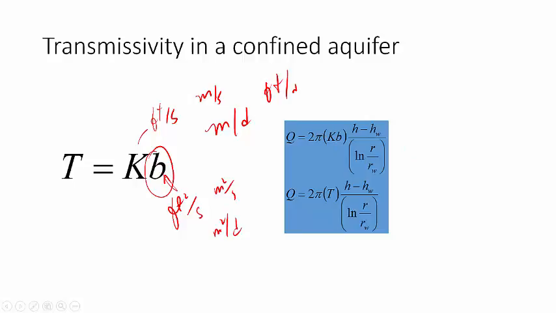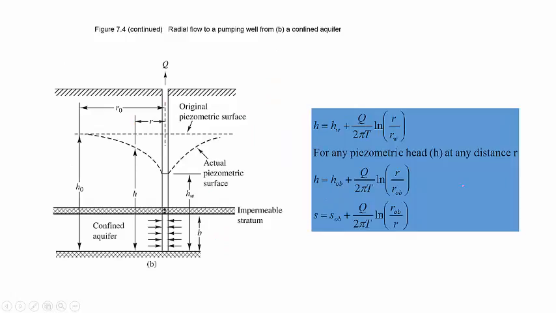So instead of showing the hydraulic conductivity and the thickness, we just substitute with a T for the transmissivity. Okay, and it makes sense. The transmissivity is an area per time, rather than a velocity.